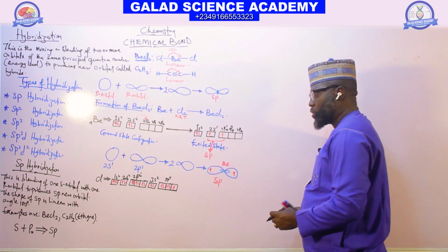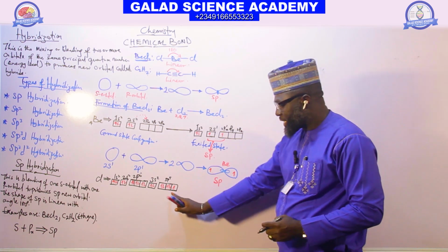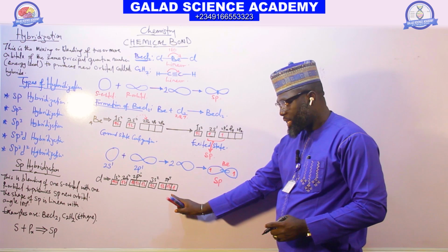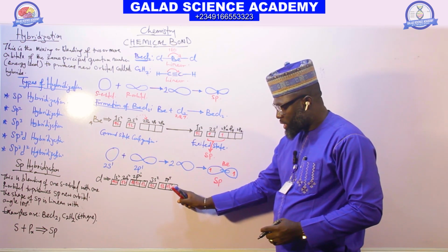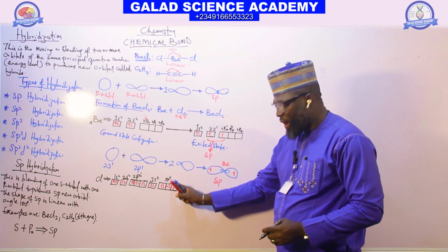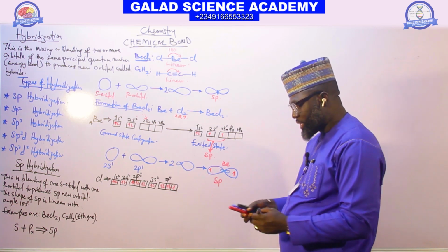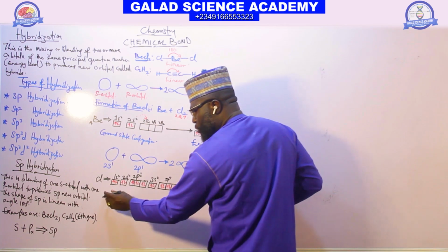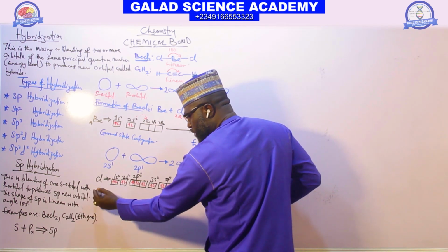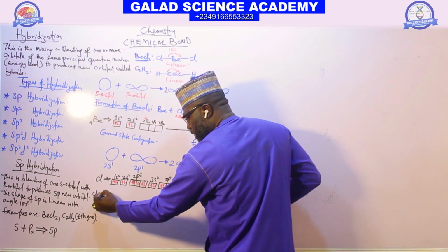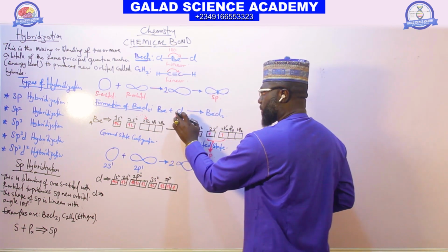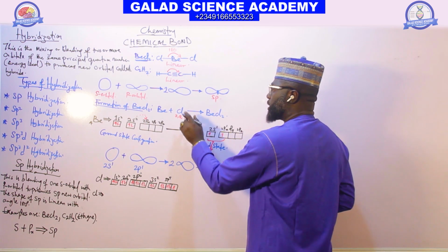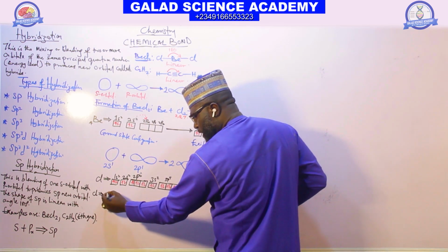Yes, good. You can observe that at this 3p here, we have 1 unpaired electron for the first chlorine. The same thing is applicable to the second chlorine, when we have 2 chlorines in the reaction. So the same thing we have there.